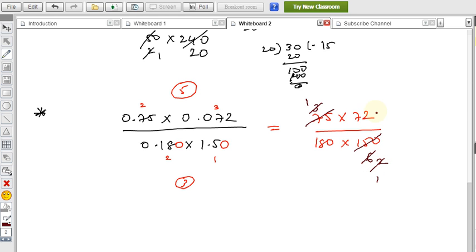Again 2 ones are 2, 2 threes are 6. So 9 20s are 180, 9 4s are 36, 4 ones are 4, 5s. That is 1 by 5. If you do the division, 0.2. 0.2 is the value for this. So this method you can follow for divisions of decimal numbers.